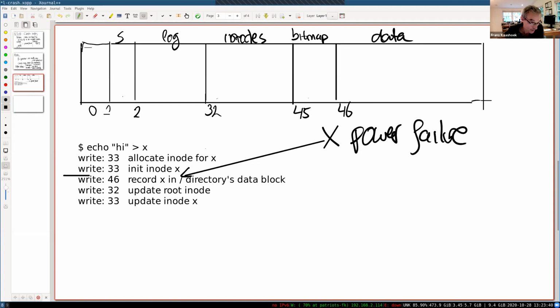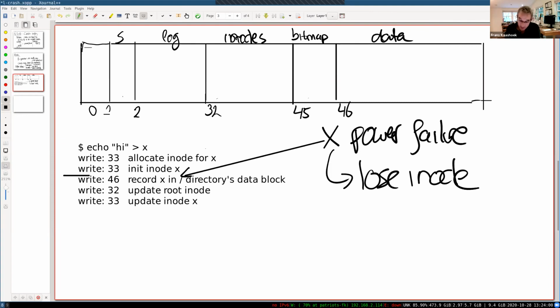So basically on the disk, there's an inode allocated, but it doesn't appear in any directory. So we can't even remove it, right? And so basically what this will cause is that we lose an inode. Does that make sense?